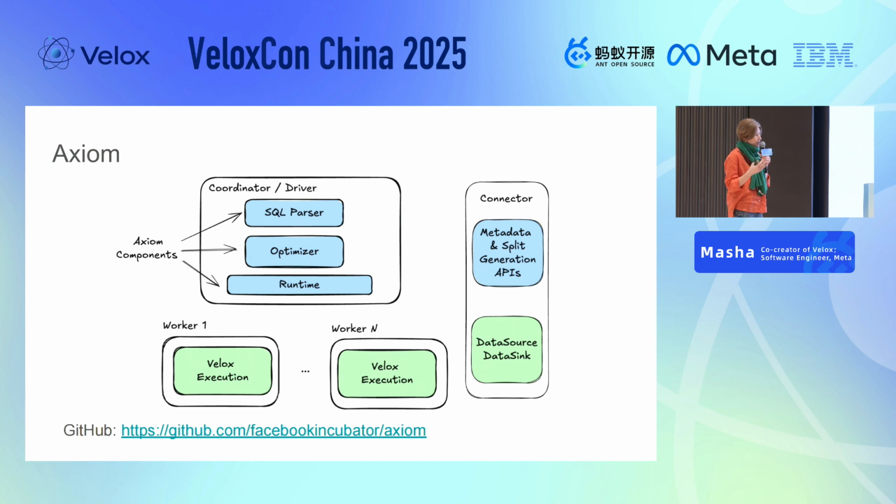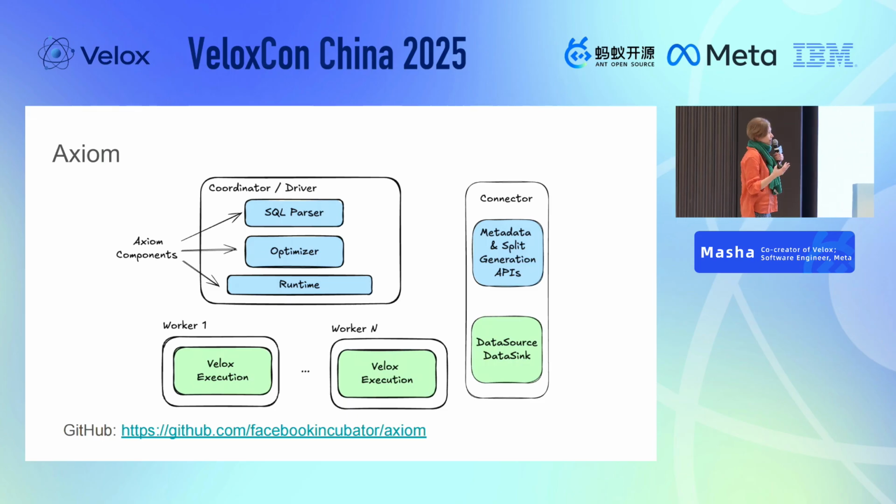We want to take it to the next step and build a set of libraries which allow someone to rebuild the front end of the query engine. And we want to follow the same principles as Velox does, that it's a set of components. You can use some of them, you can use all of them, you can pick and choose what you use, you can customize each of them, you can adjust. It gives you freedom, it doesn't constrain you too much.